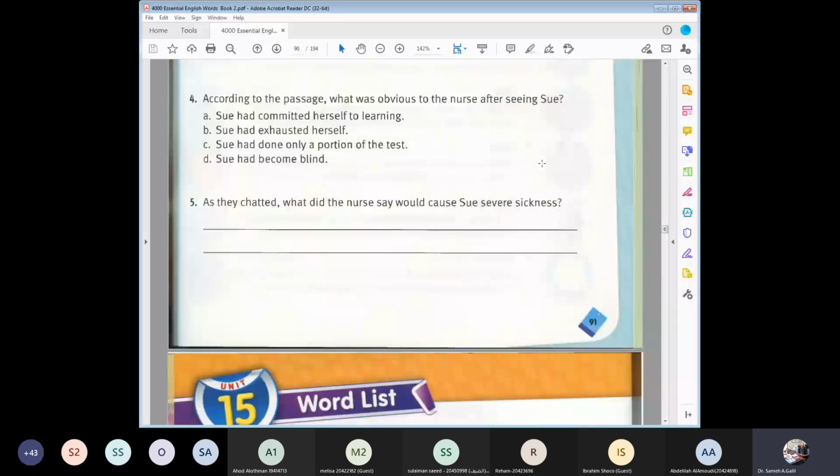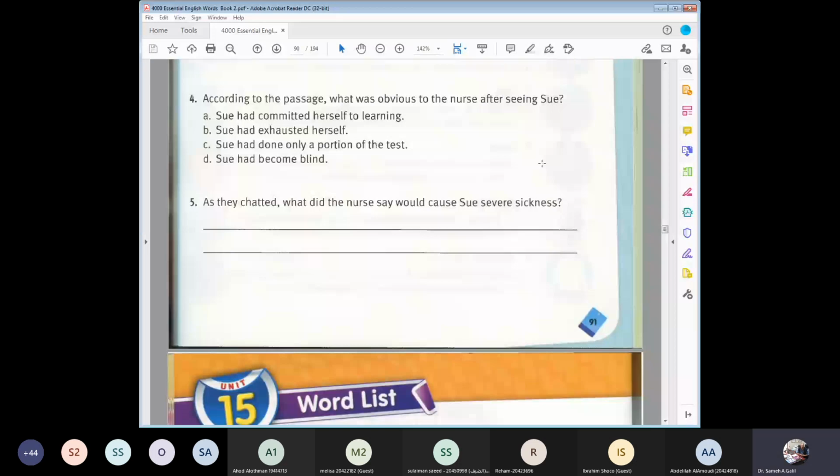As they chatted, what did the nurse say would cause Sue severe sickness? In other words, what was the reason for her severe sickness? Remember that part?